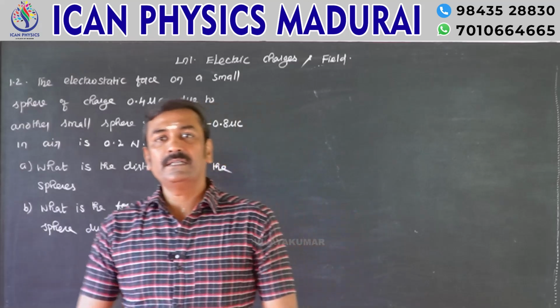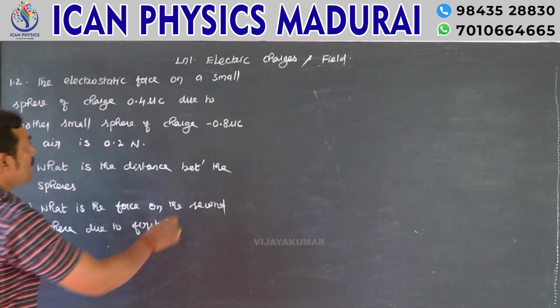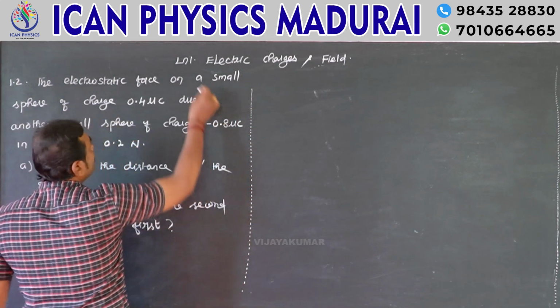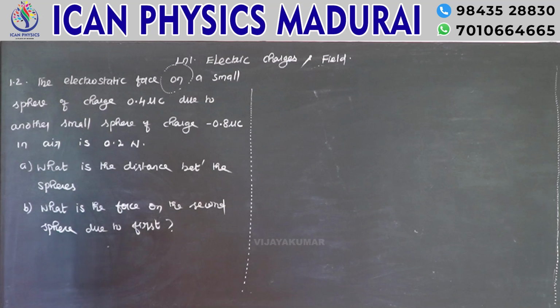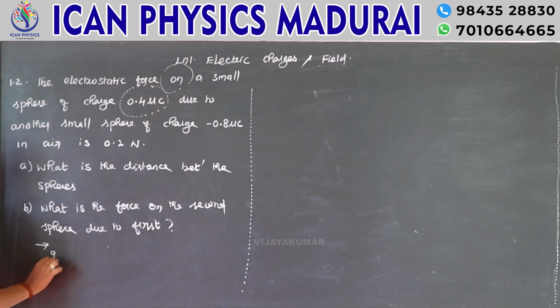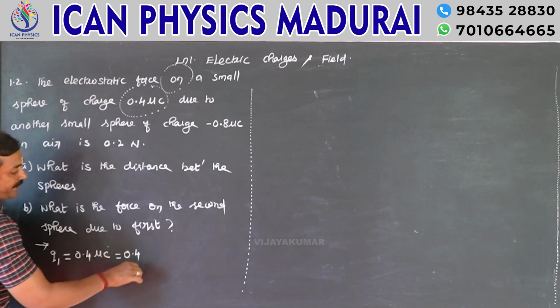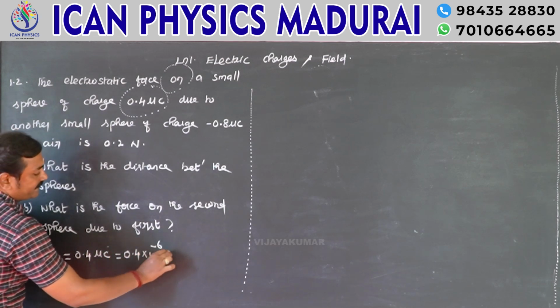Okay children, let's go to the second problem. The electrostatic force on, here the word on is the important one, on a small sphere due to a charge of 4 microcoulomb. So the charge Q1 can be taken as 0.4 microcoulomb. Now convert the microcoulomb into coulomb, so 0.4 into 10 to the power minus 6 coulomb.